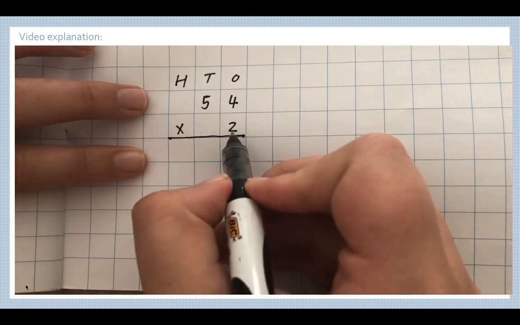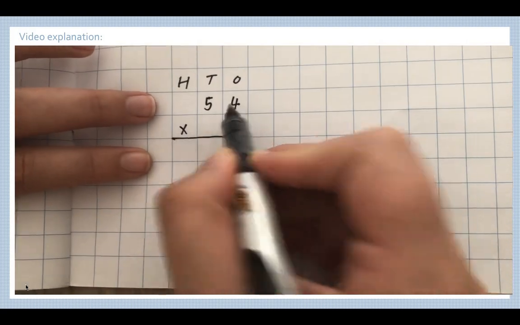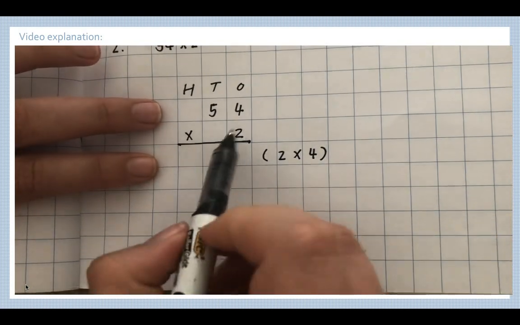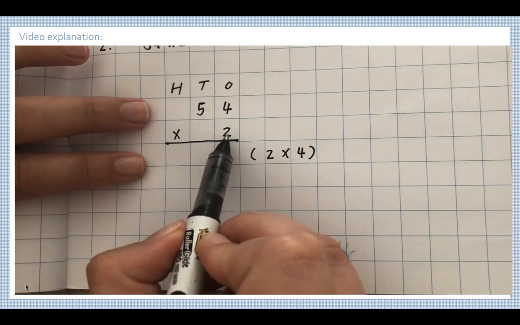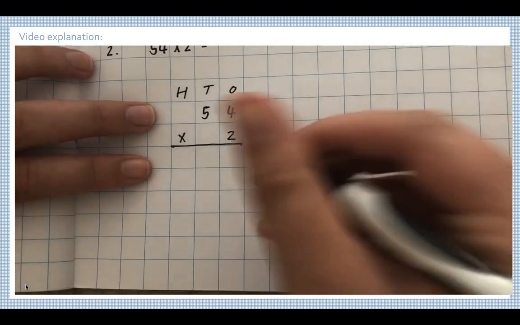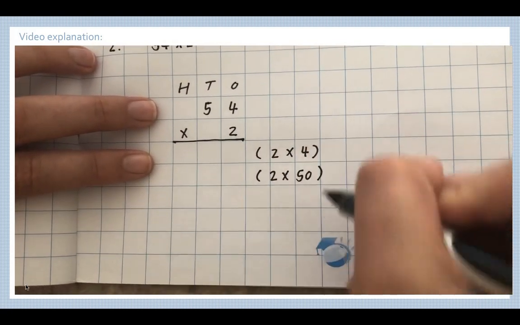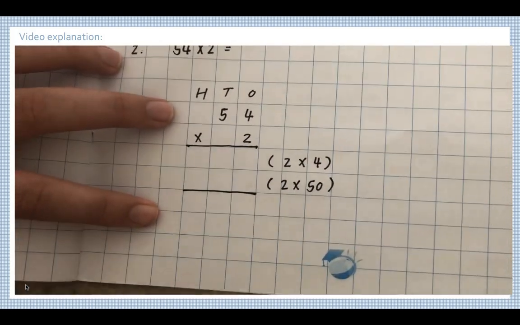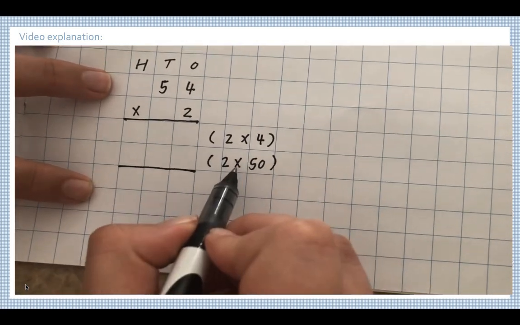Step number 2, I have to write down my expanded method here next door. 2 times 4, I'm using my brackets. Now I multiplied ones by ones. Now I have to go ones by tens. So I'm using another bracket and I'm going to write down 2 times 50. I'm drawing my equal line to sort it all out for me so I can see what to do next.